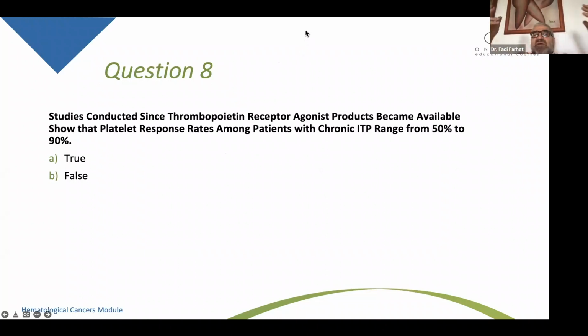So in other terms, since the arrival of these new drugs, does the response increase to more than 50% or is it still less than 50%? So it's true, yes, since the arrival of the thrombopoietin receptor agonists, the response rate is more than 50%. It's true.